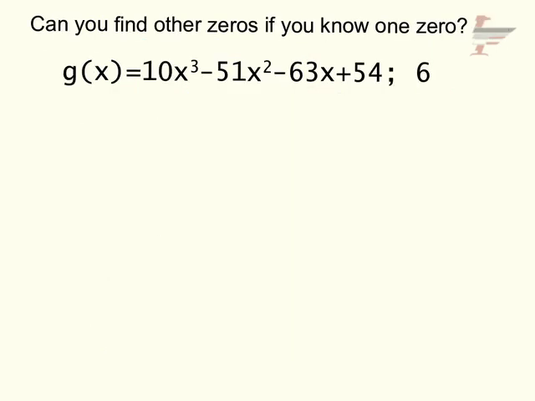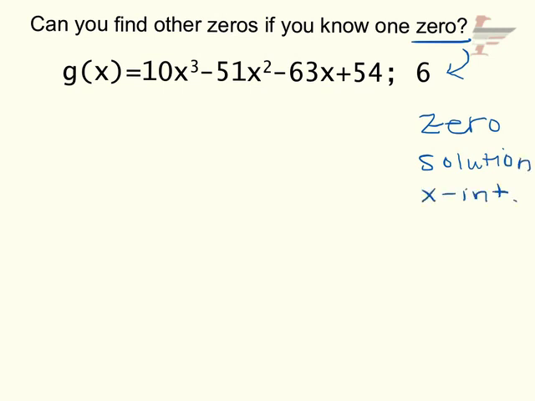All right, last concept in this introduction: can you find other zeros if you know a 0? Again, I've given you this cubic function, and this is a 0 at the end here, so I know 6 is a 0. Remind yourself that a 0 is a solution, or an x-intercept. All of those words mean the same thing.